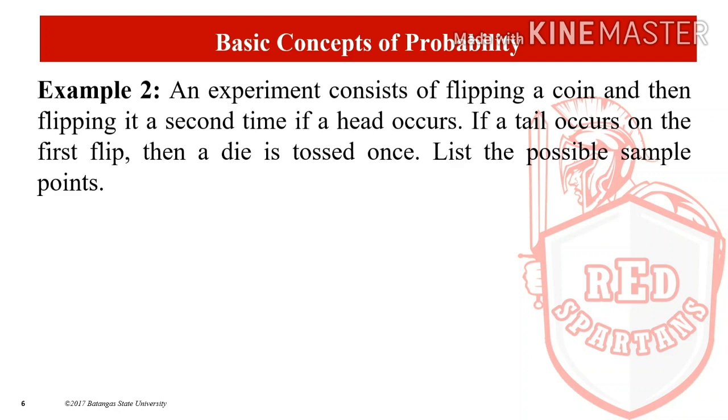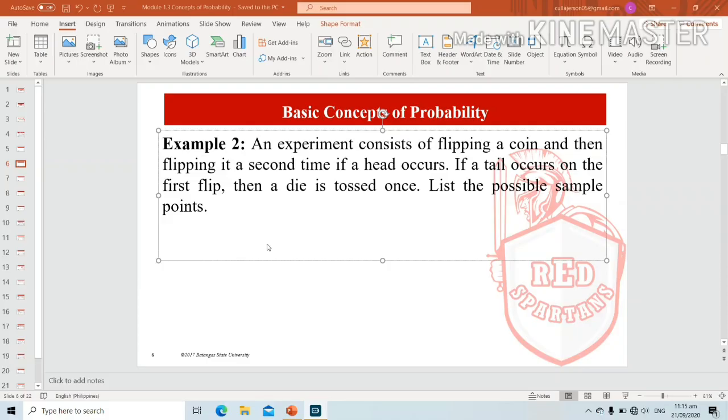Another example. So an experiment consists of flipping a coin and then flipping it a second time if a head occurs. So if a tail occurs on the first flip, then a die is tossed once. List the possible point. So for this example, kailangan mo munang mag-create or mag-draw ng tree diagram. So para mas madali nating ma-identify o ma-determine yung kanyang sample point.